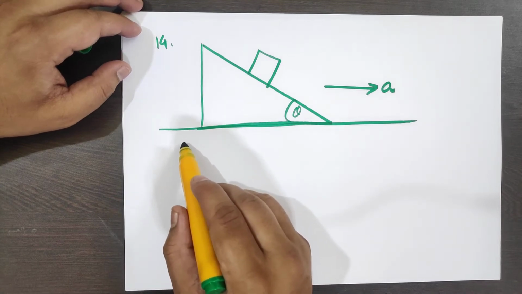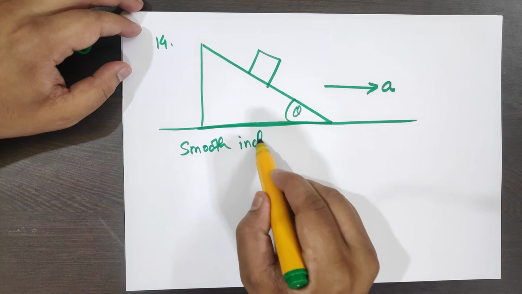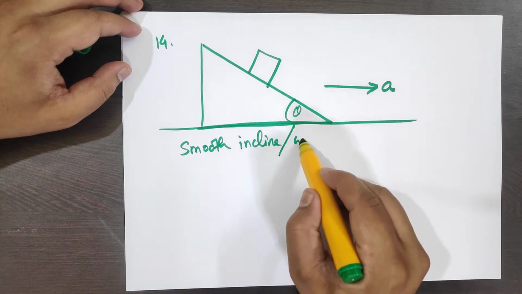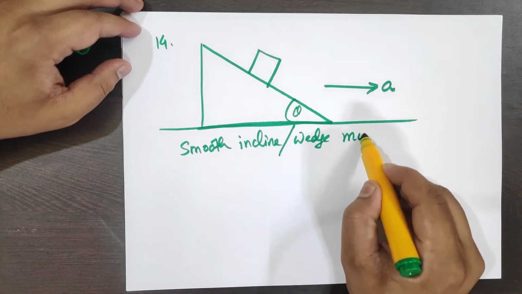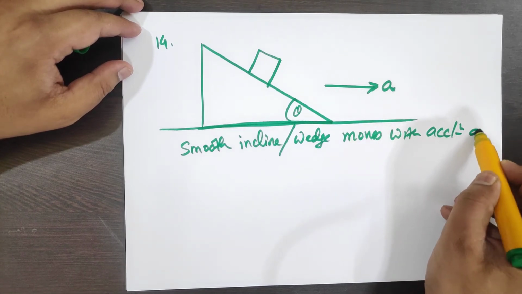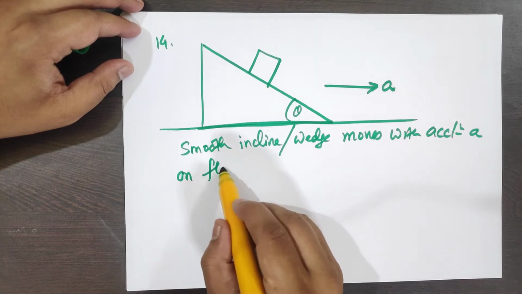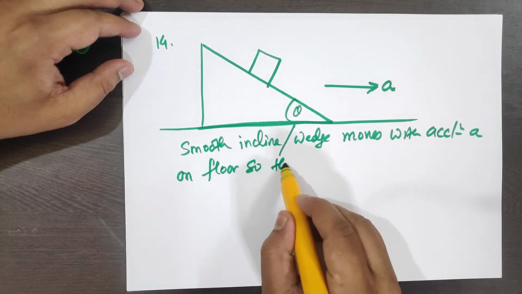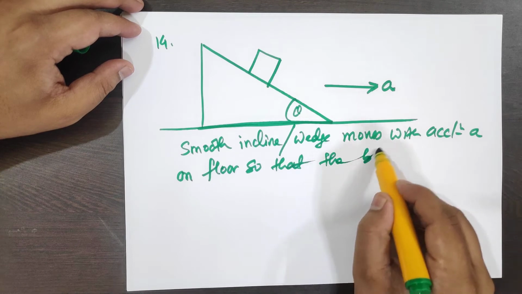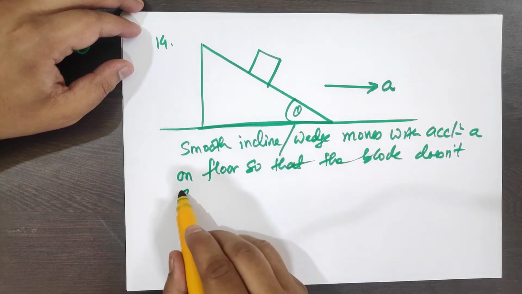A smooth inclined plane or wedge moves with acceleration a on the floor so that the block doesn't slide relative to it.